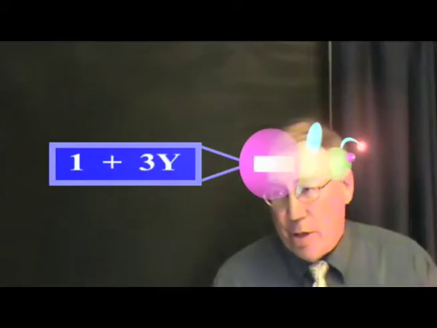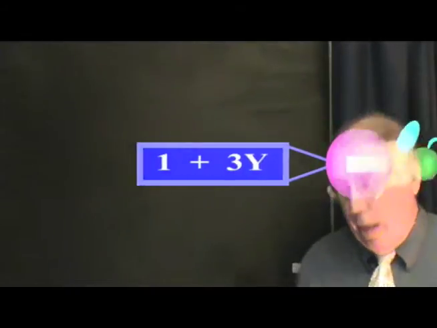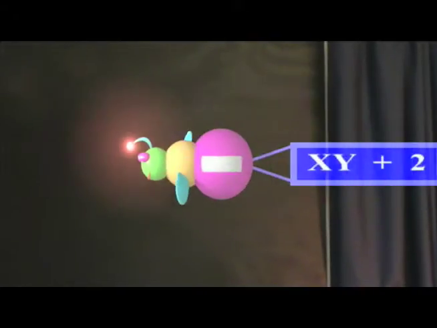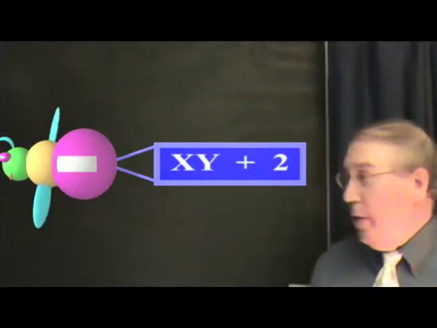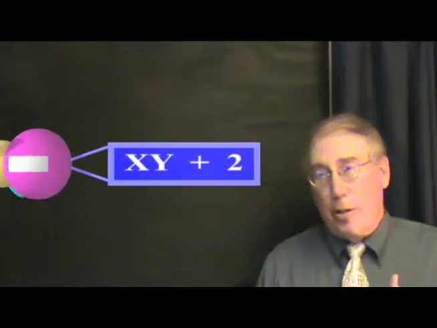Alright, now let's take a look at some actual algebraic expressions. So we need variables, and we need at least one of the operators here. So here we have 1 plus 3y. Y is our variable. Now here we have xy plus 2, so we have 2 variables in this expression.